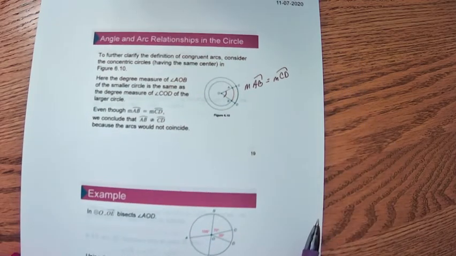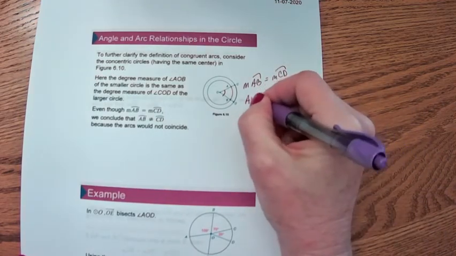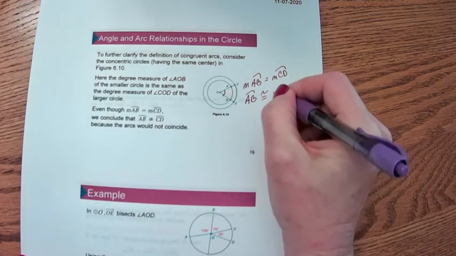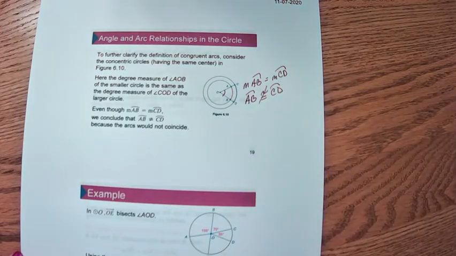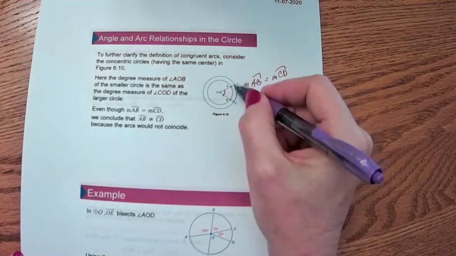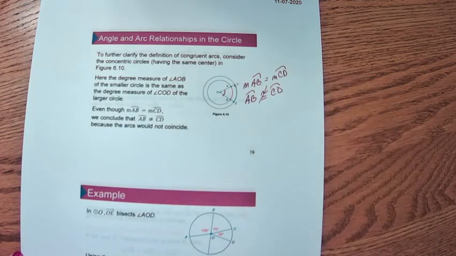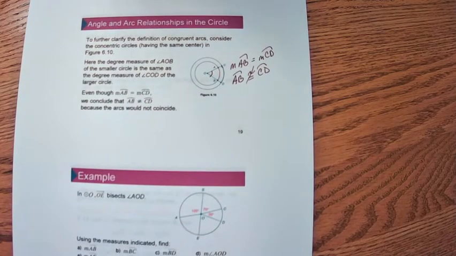So although the measures are the same, we would not say that the arcs are congruent. We would say no, they're not congruent. And if you were able to measure a linear arc with some sort of measuring device, which, I guess if we had a small enough one, we could use a protractor, they would not be the same length.